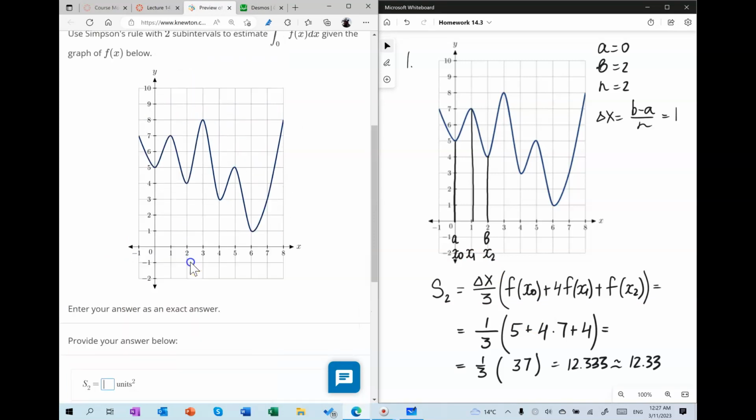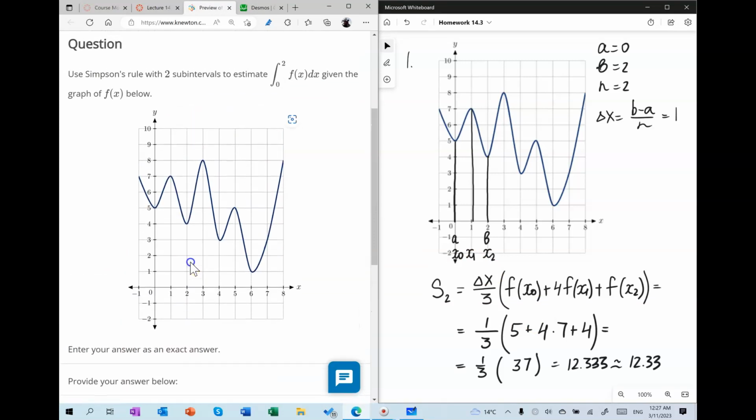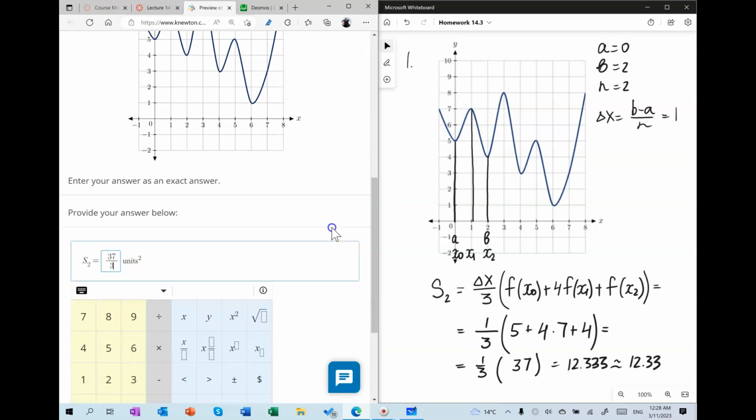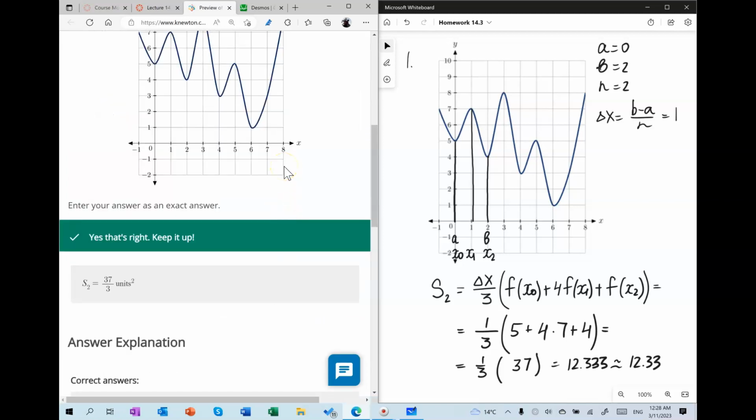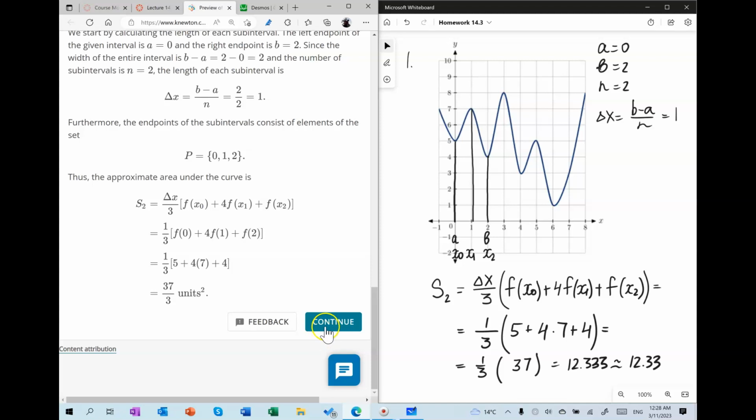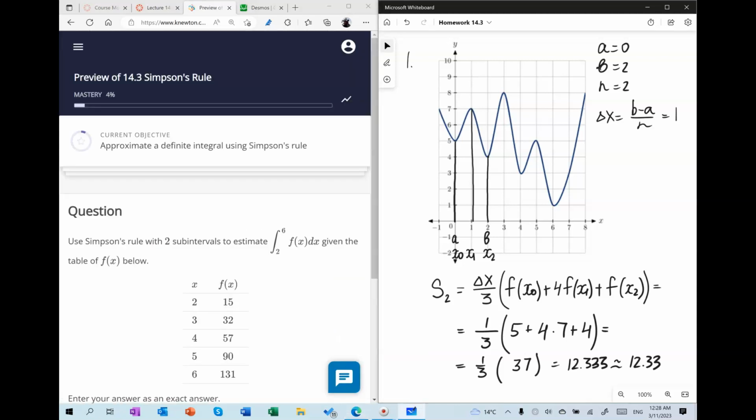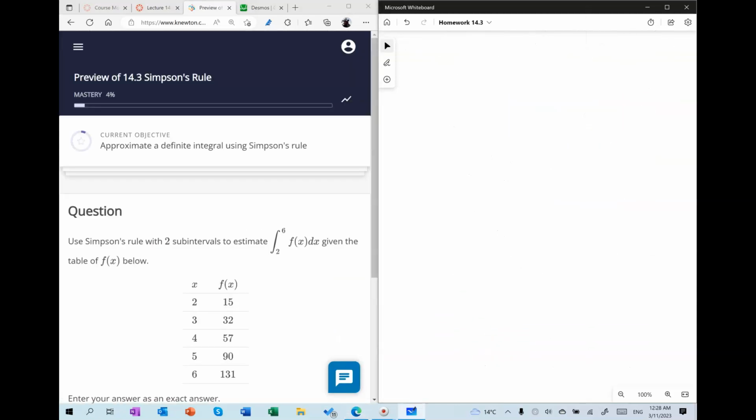Now it's asking us to enter the exact answer. So the exact answer is 37 over 3. Did I enter it? Yes. All right. Let's go to the next problem.